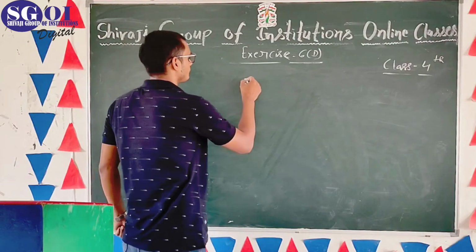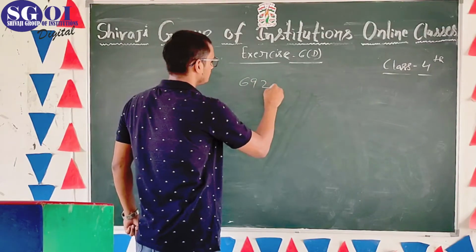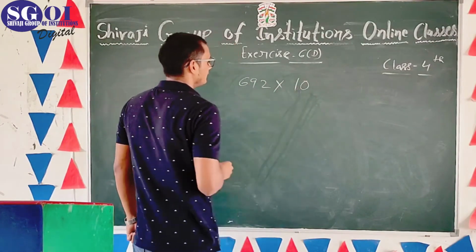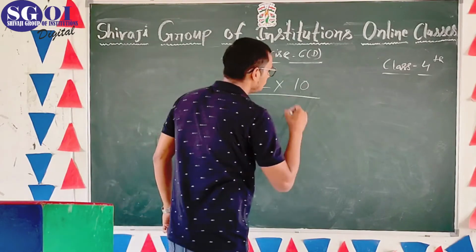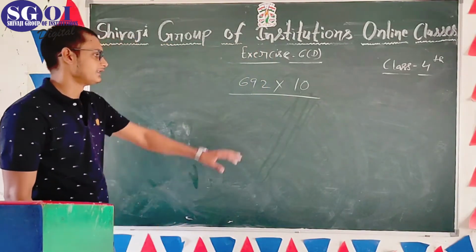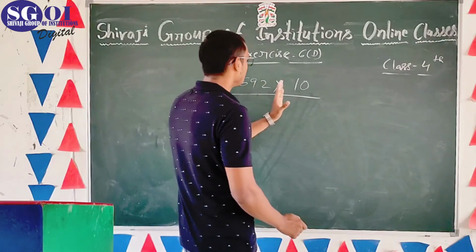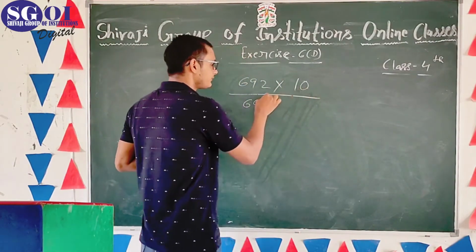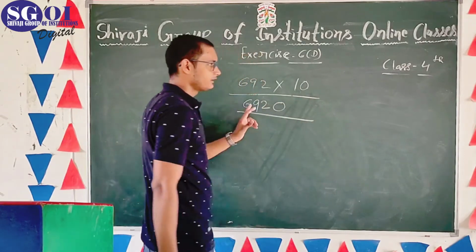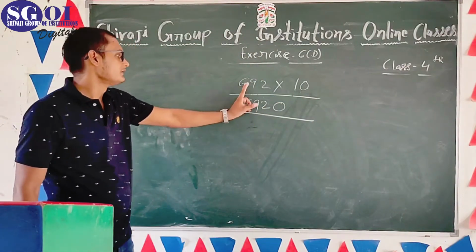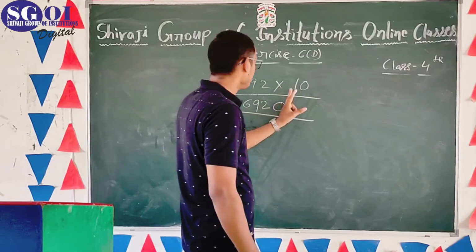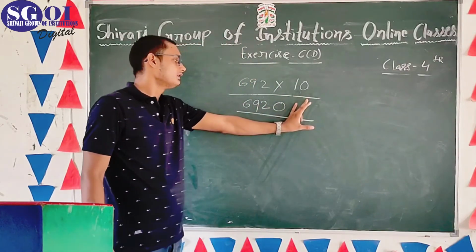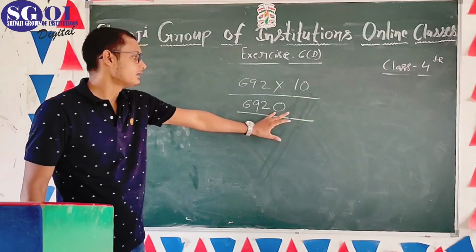Look, if we multiply this number by 10, first we multiply this number by 1, and put 1 zero on the right side of the product.